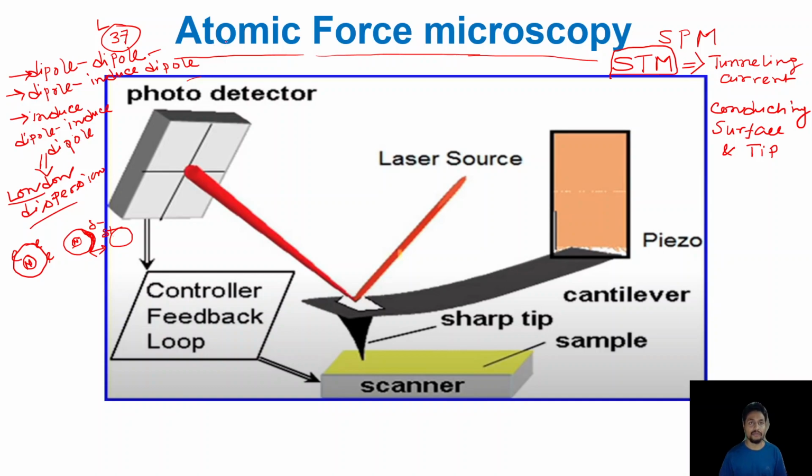So that's why atomic force microscopy can be used for any sample. We use this microscopy to get molecular to atomic level information of any molecule, and that's why it is broadening the applicability.